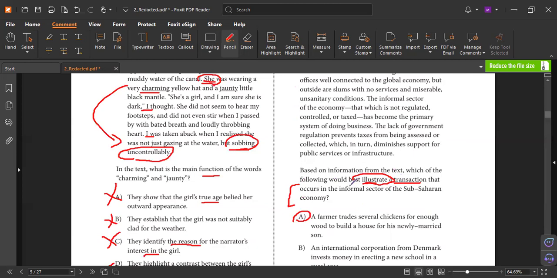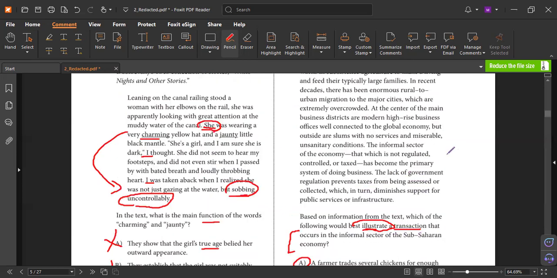What is the informal sector of the sub-Saharan economy? What is mentioned here about it? He mentioned, and this is the part to look at, the informal sector, which is not regulated, there are no rules, no control, no taxes from the people who do this, has become the prime system of doing business.